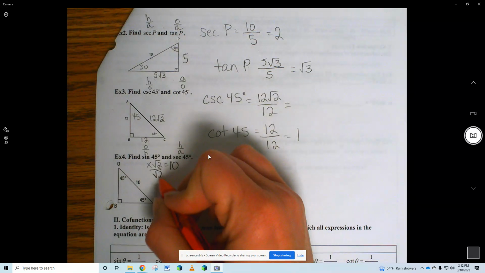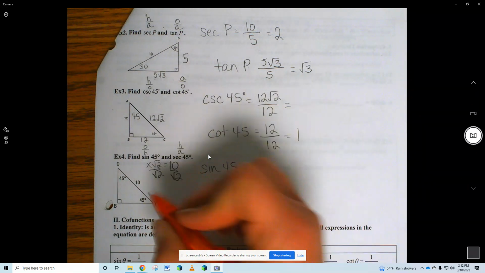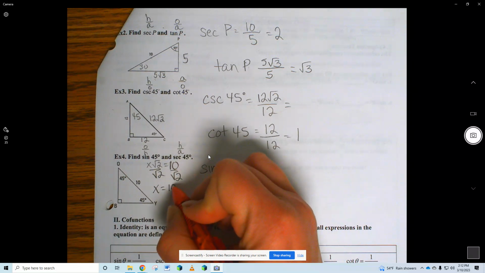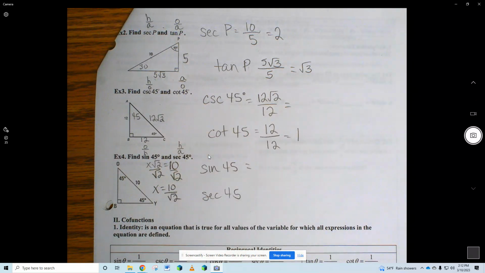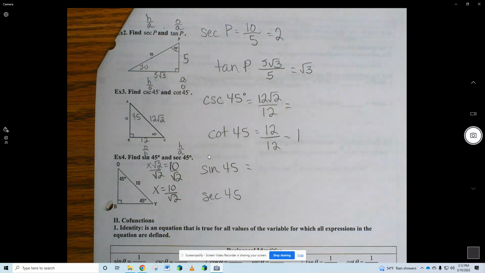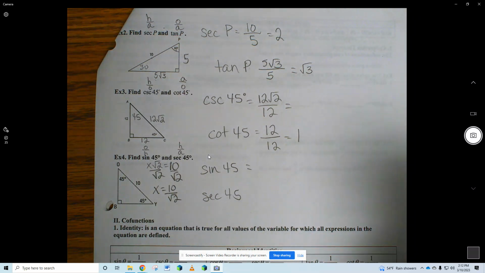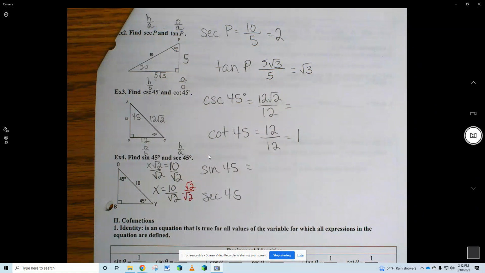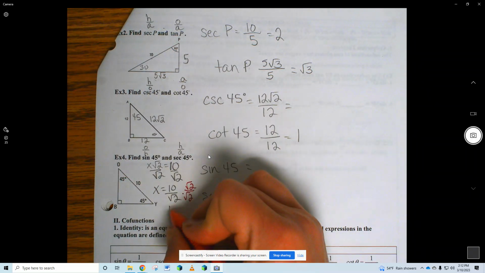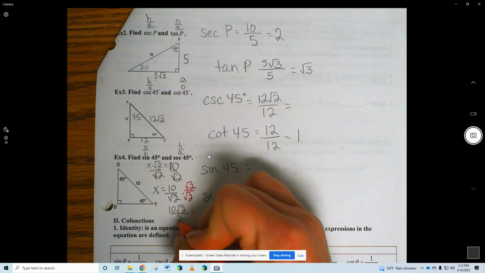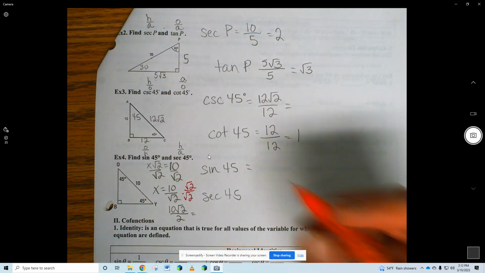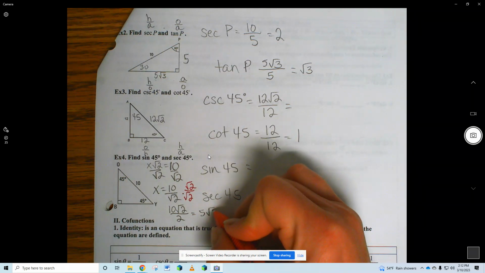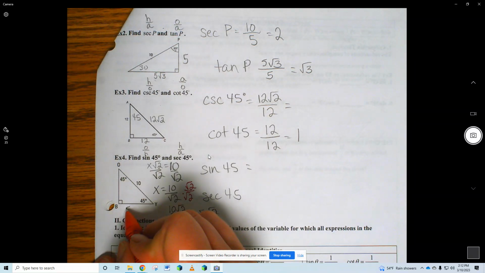Divide by rad 2. Multiply top and bottom by the denominator that I'm trying to get rid of because it's a radical. 10 rad 2 over 2. 5 rad 2. Each side of my triangle is 5 rad 2.